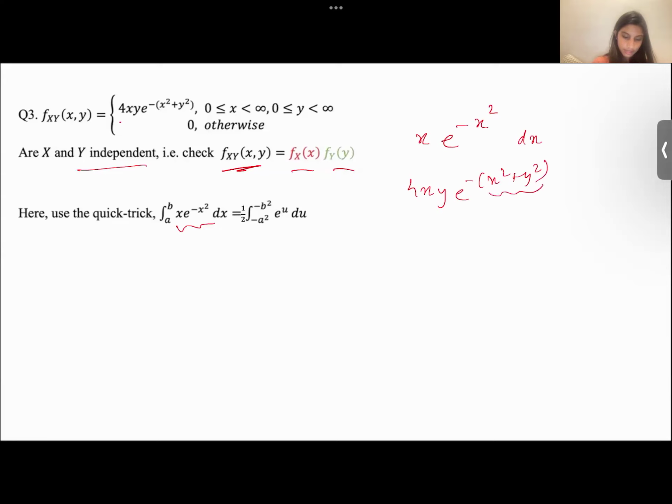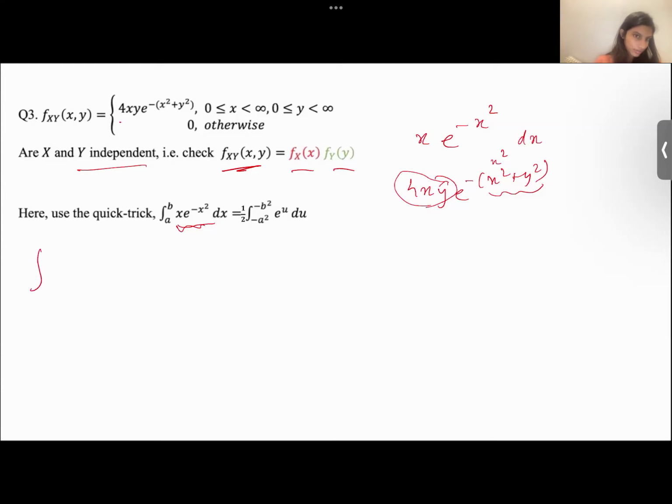This whole term is equivalent to e power minus x square, and you have this x here and 4y. So in this case, you have limits a to b. Instead of a to b, what you do is you write this whole expression as e power u, and your limits become minus a square to minus b square.